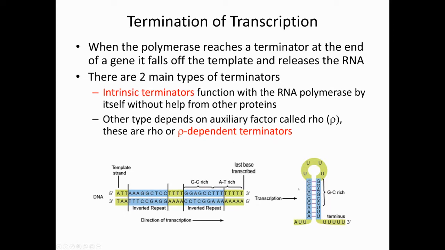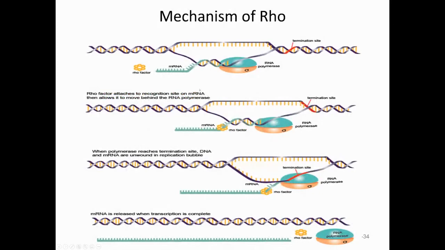For the rho-dependent, they do have the GC-rich sequence, because once the polymerase reaches that area, they will form the secondary structure. Then the polymerase will pause. Once they pause, the rho factor will catch the polymerase, and then the polymerase will dissociate from the template, and that's how they terminate the transcription.